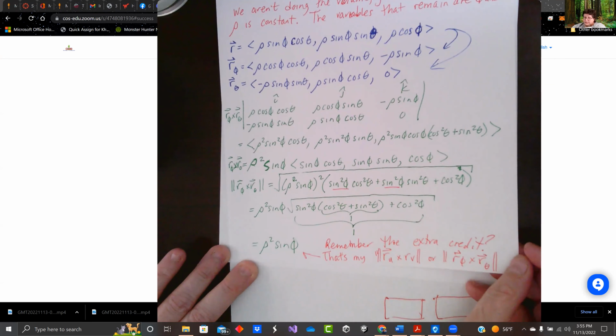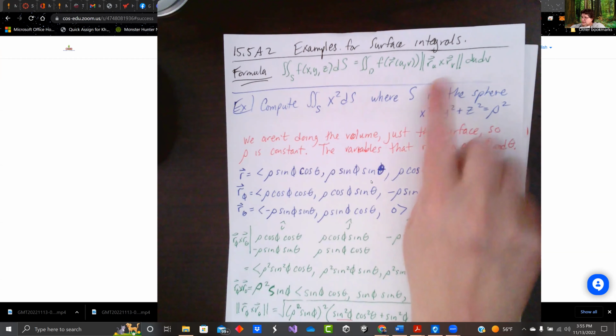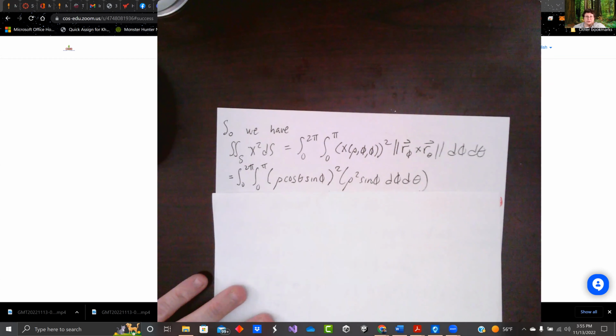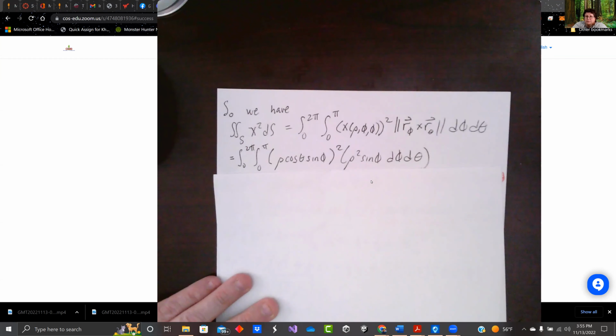We've got our correction factor now, our r_u cross r_v. Now we're going to change this over to r phi and r theta. So that's our next step. We've got x squared dS on the surface. And since we're switching to the sphere, I started writing everything in spherical.